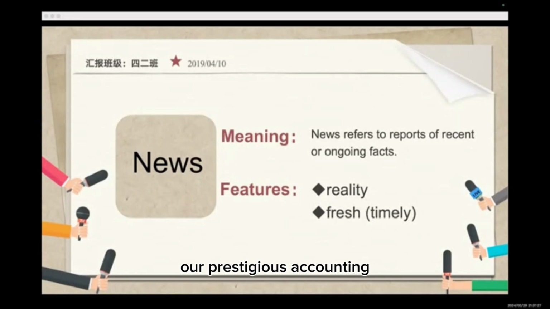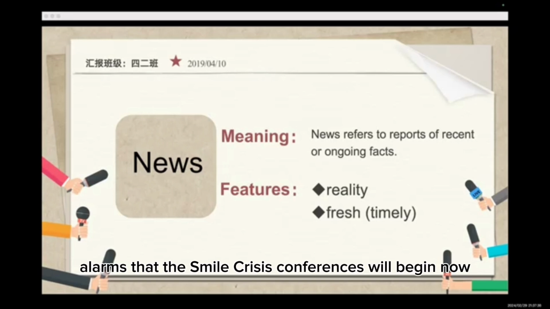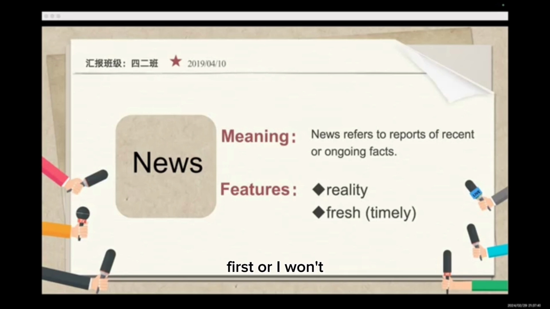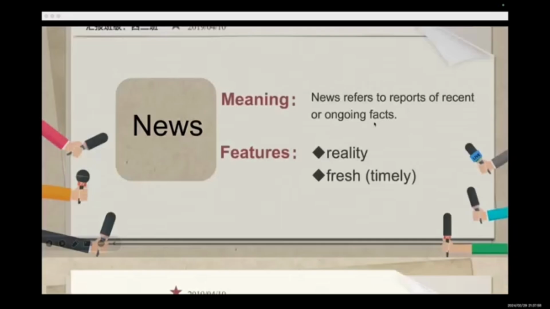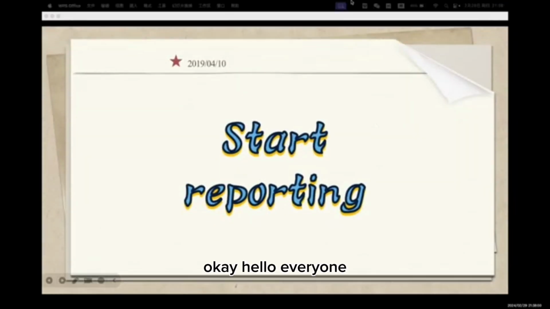Our little press conference is about to begin. I now announce that the Little Press Conference will begin. First, I would like to ask the students in the first group to broadcast a piece of news from the internet. Please listen carefully. Okay, hello everyone. We are the first group.